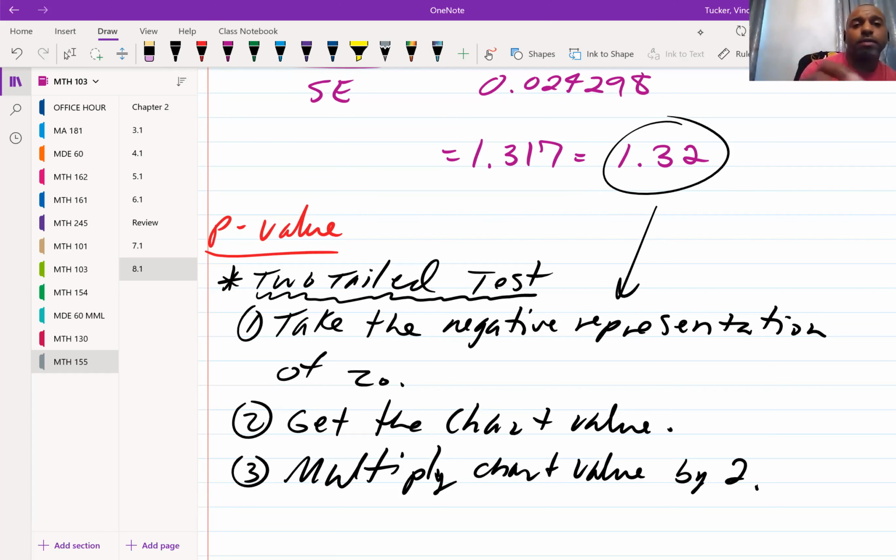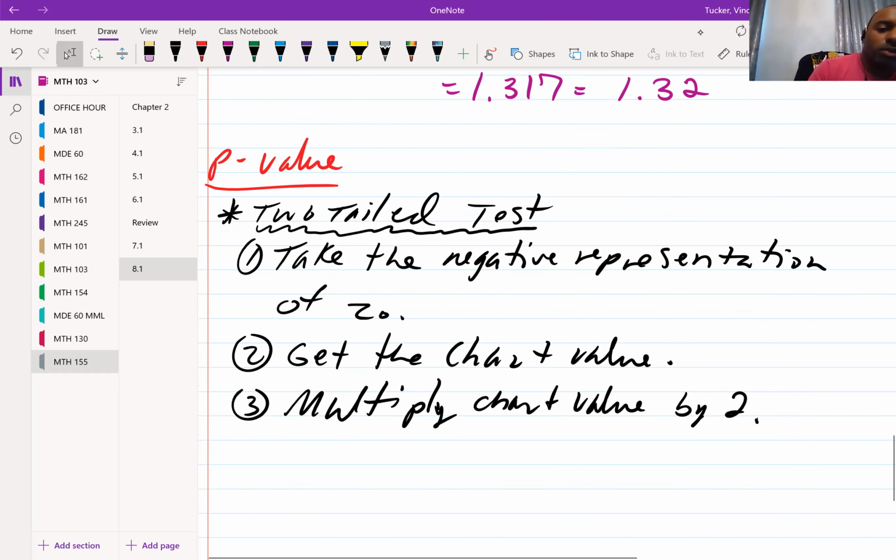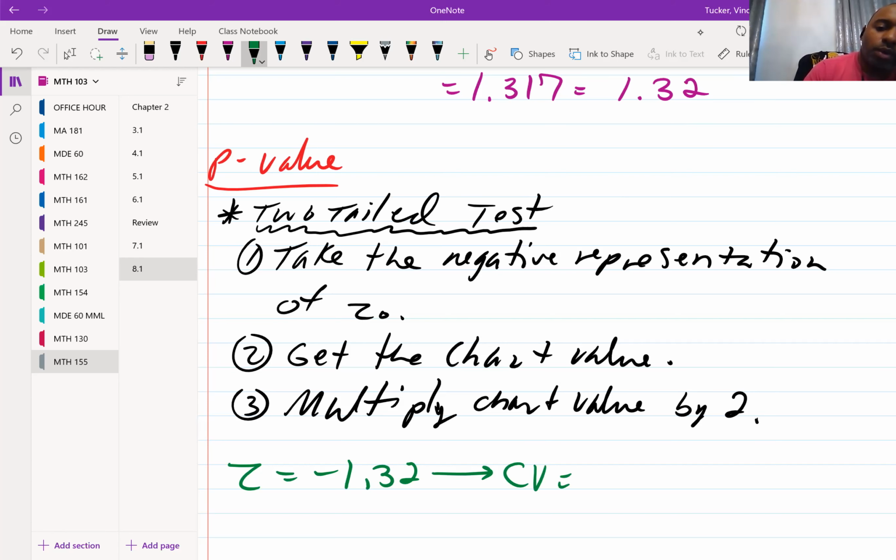And then I go to the chart, get that chart value and multiply it by 2. So I'll look at Z being negative 1.32. Chart value was 0.09, I think it was 34. Yeah.